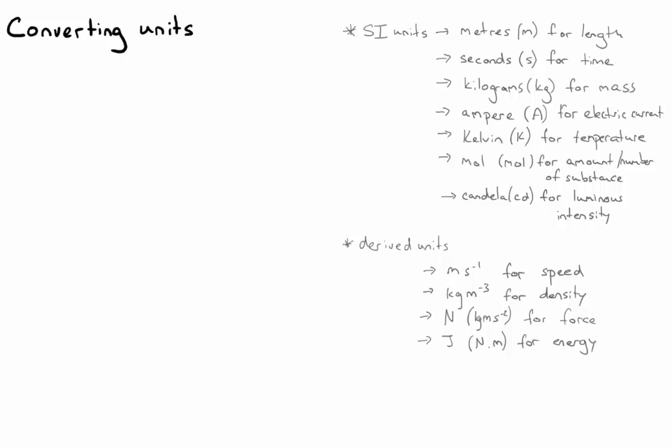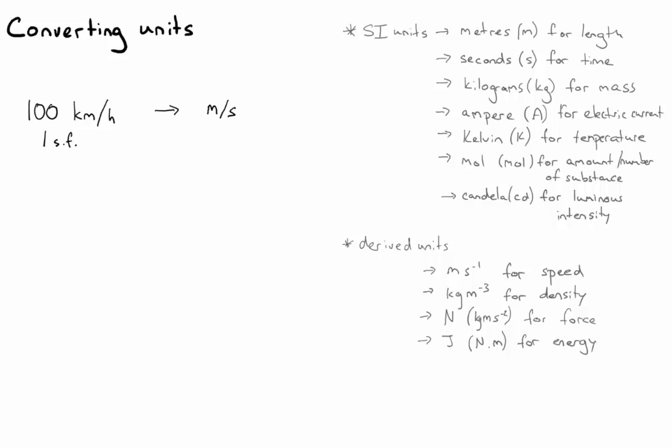So, for example, we might take 100 kilometres an hour, and let's say we want to express that as meters per second. Just while I'm here, I'm going to say that this is one significant figure. We'll do some rounding later on after we've done the conversion.